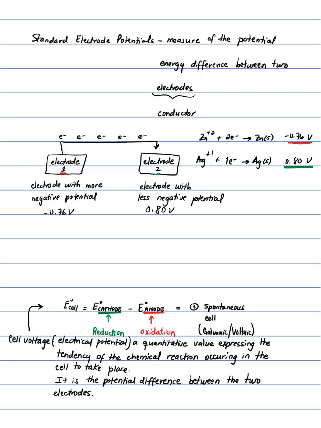So the substance that is being oxidized has to be in that half reaction that you have for the zinc, based on your potential.